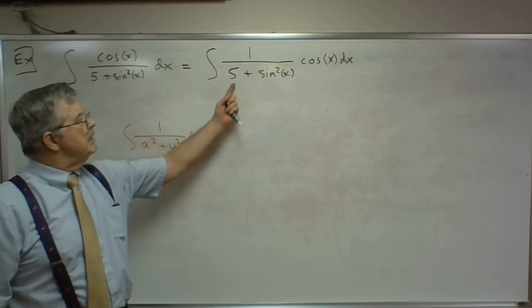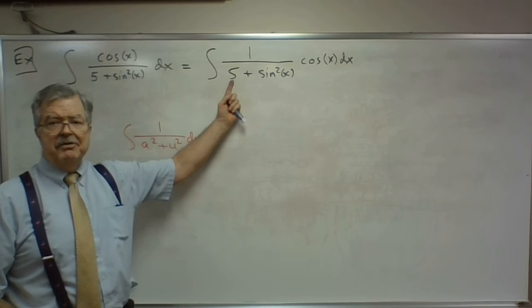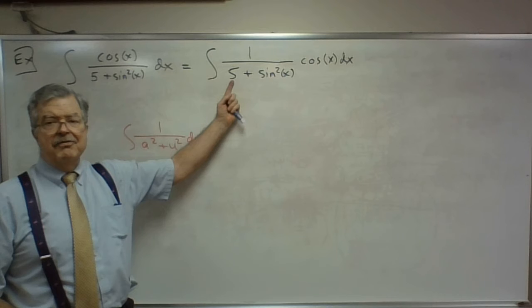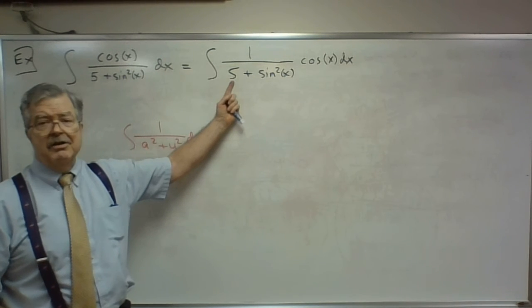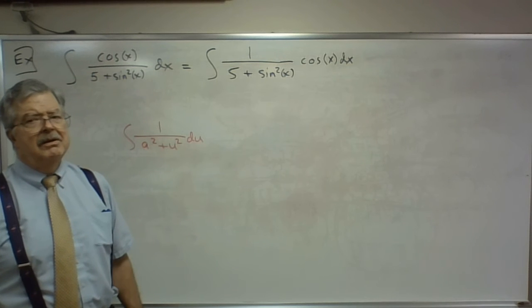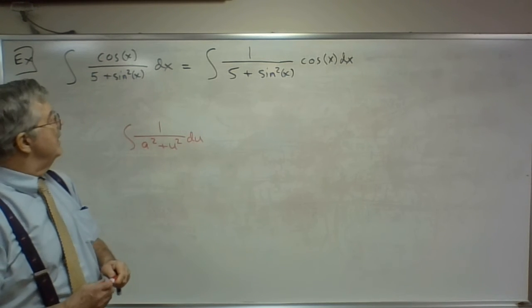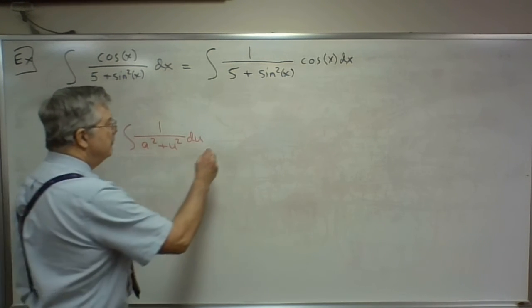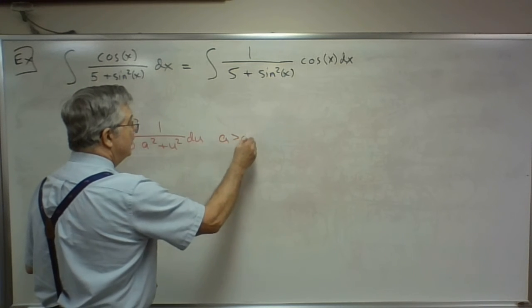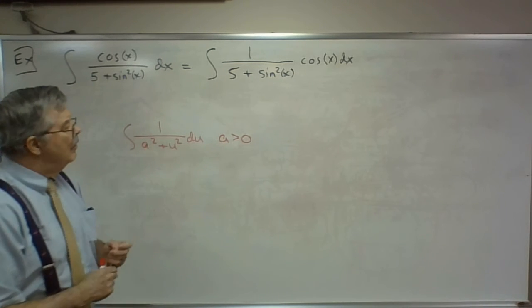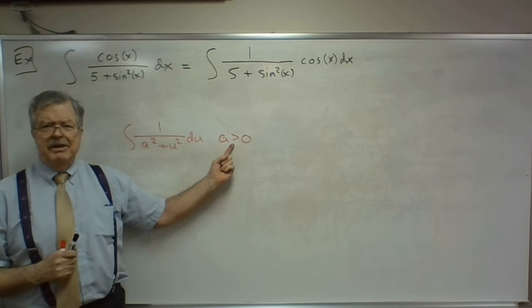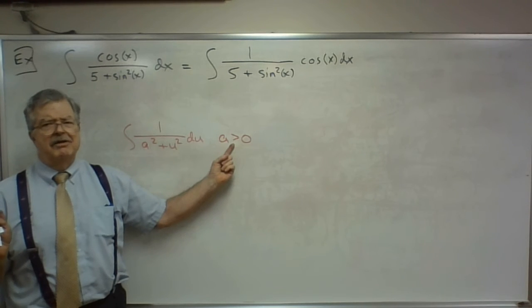And we panic because we say, wait a minute, that's not a perfect square. This isn't 4, it's not 9, it's not 16, it's not 25. This isn't going to work. Well, wait a minute. In our formula, all we stipulated is that A is a positive constant.